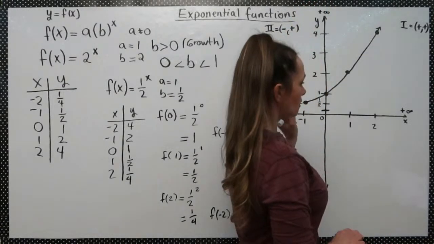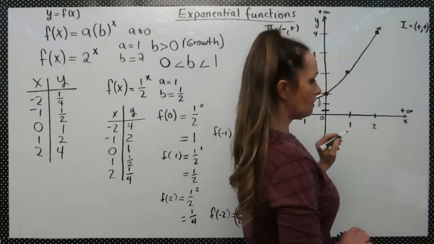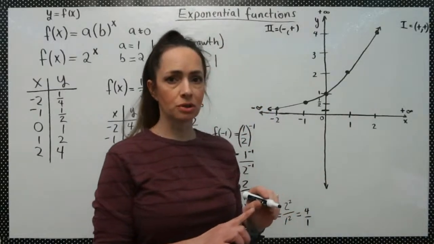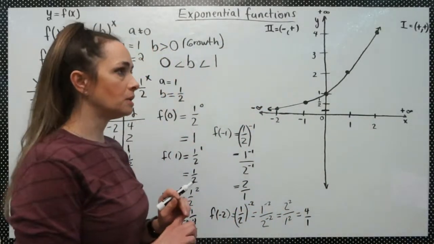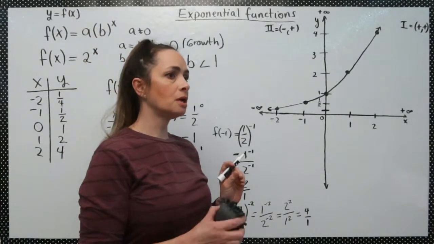And if you have both values going to positive infinity, as your graph is moving from left to right, you have an increasing function, and an exponential function in this case would be a growth.